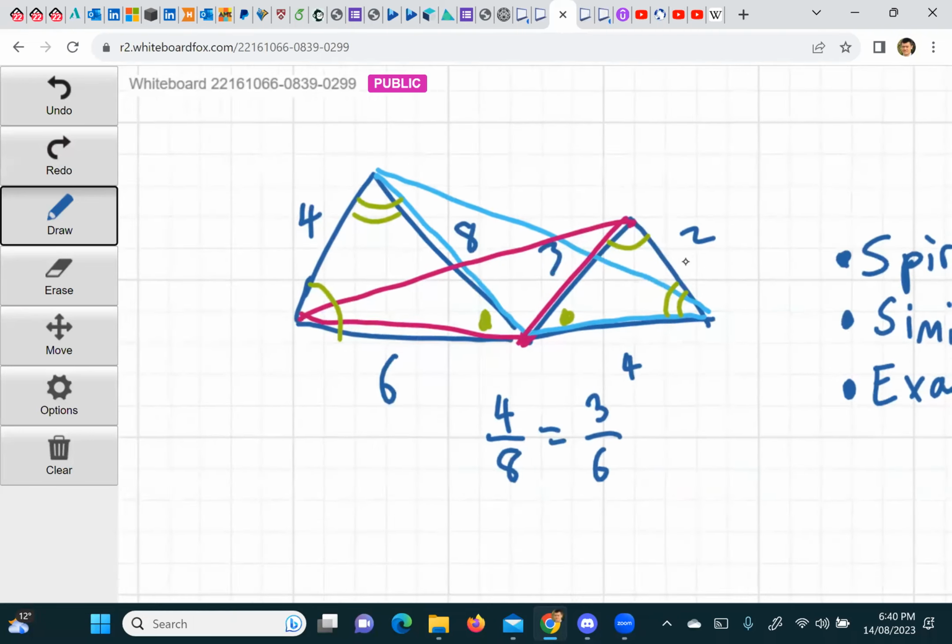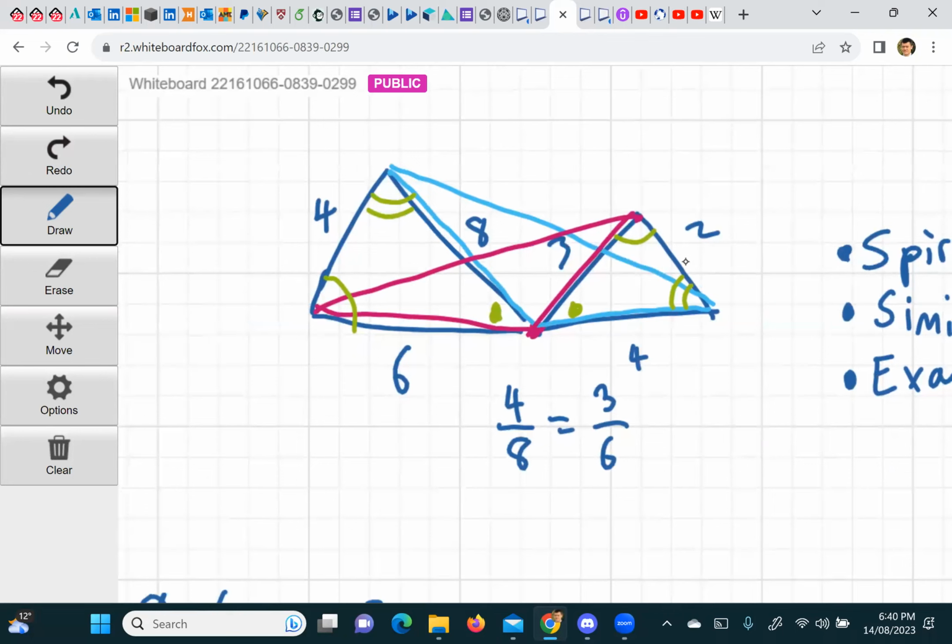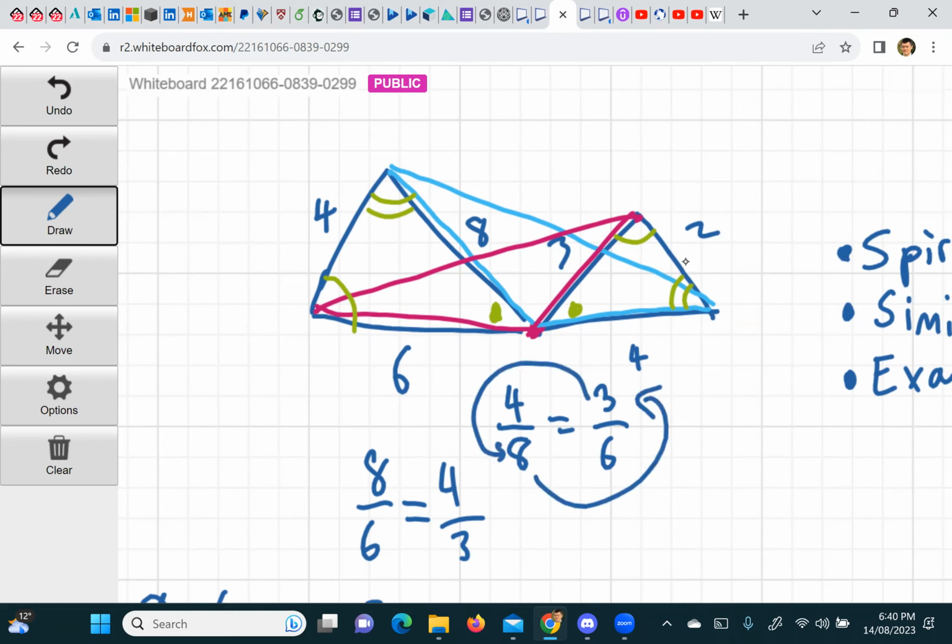And what we want to end up with is 8 over 6 equal to 4 over 3, right? So that's with the blue and the red. But you can get that by just cross multiplying. So you move the 8 up here, and you put the 3 down there, yeah? Okay. So that's a similar switch.